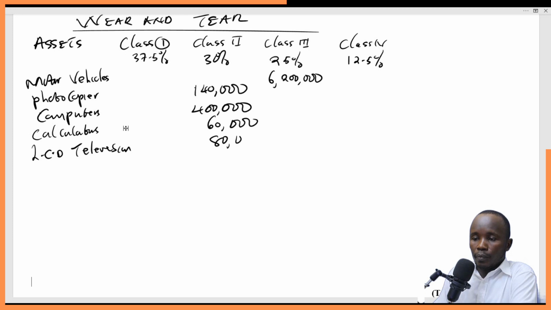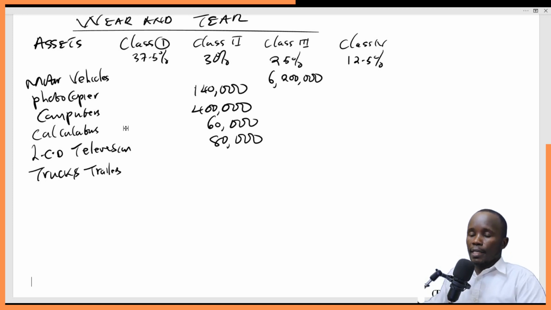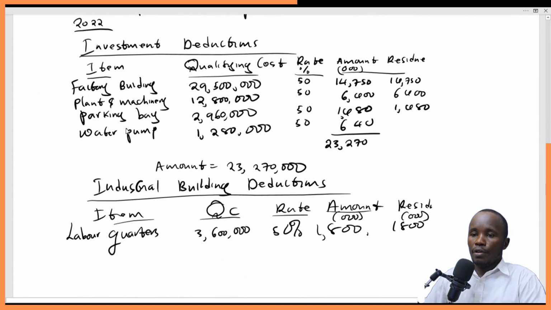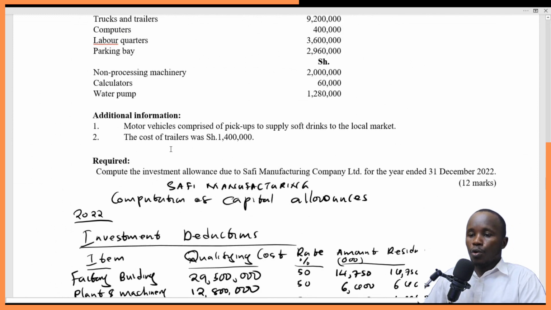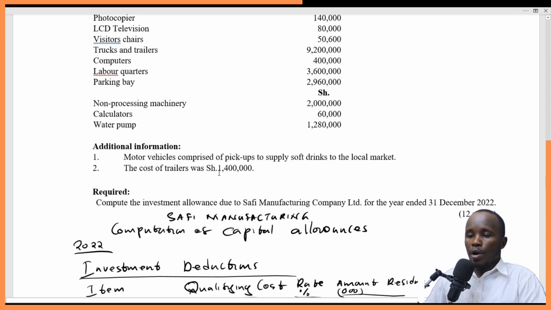Now, trucks and trailers. Trucks and trailers are in class 1. Here you are told that the cost of trailer was 1.4 million. So you need to differentiate between these two.